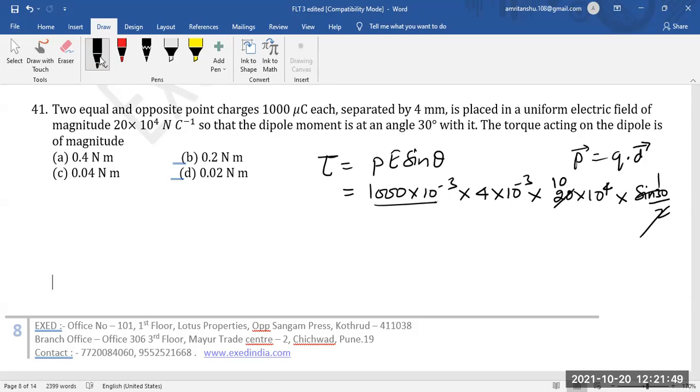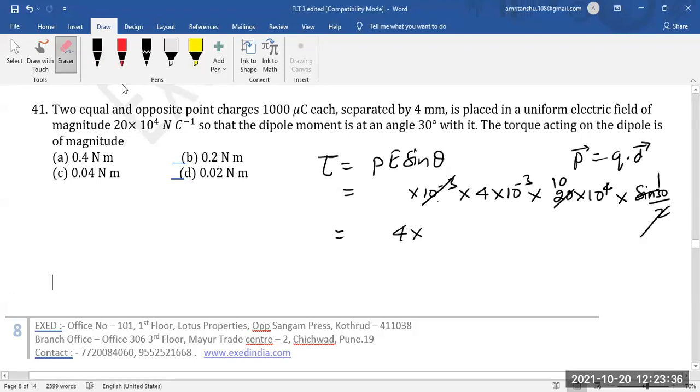And finally, when you solve this whole expression, I think there's some calculation error going on here.